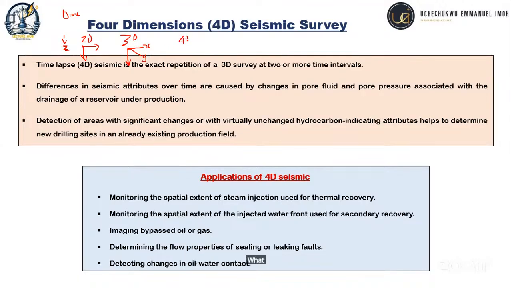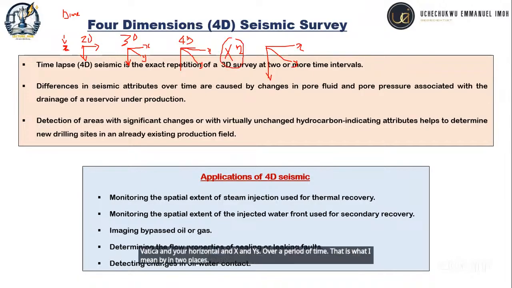Now, what about the 4D? What are the directions of interest? In the 4D, your vertical and your horizontal in X and Y are of interest, but you're going to do it twice, in two places. So you repeat your vertical and your horizontal in X and Y over a period of time. That is what I mean by in two places.